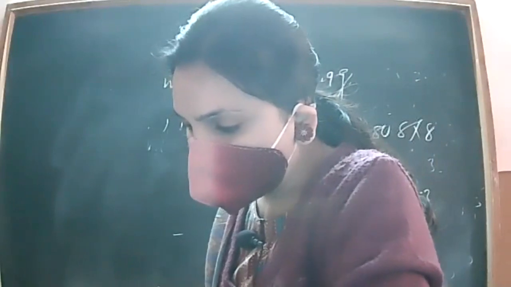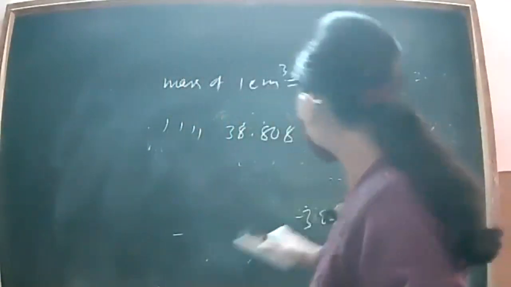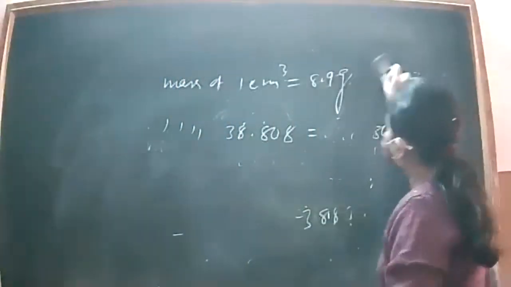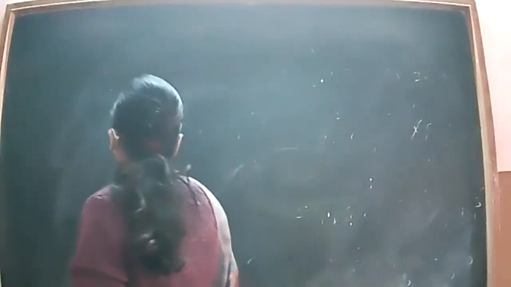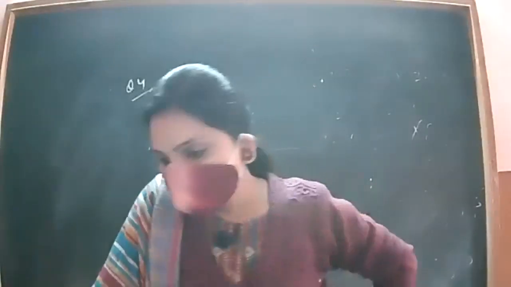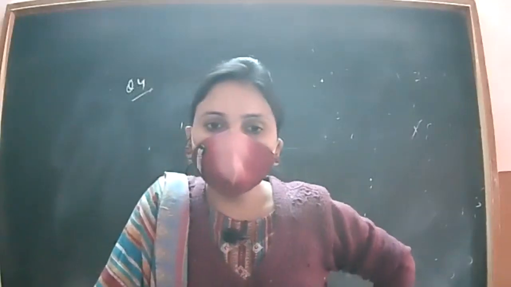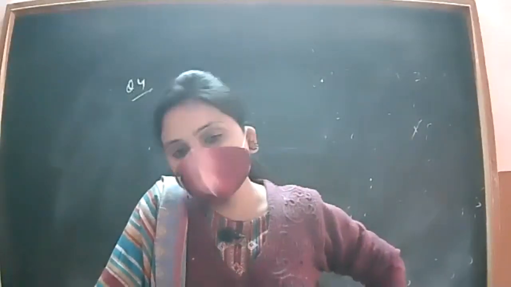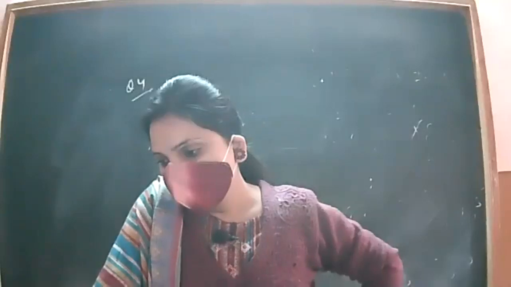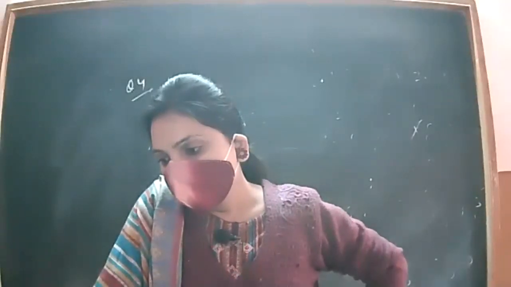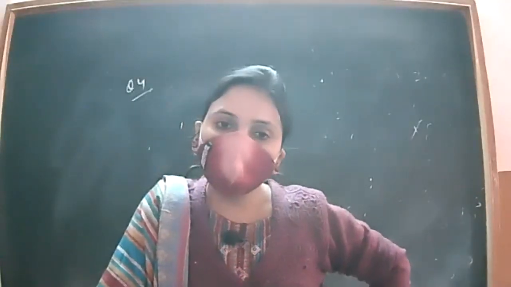Right. Let us start with question number 4. Fourth question is: the diameter of the moon is approximately equal to 1/4 of the diameter of the earth.